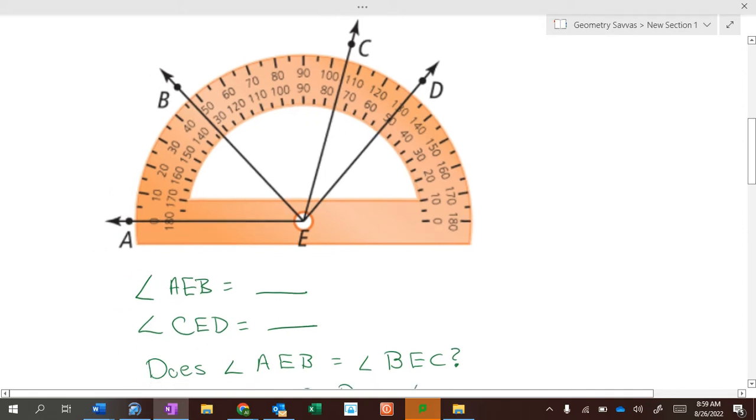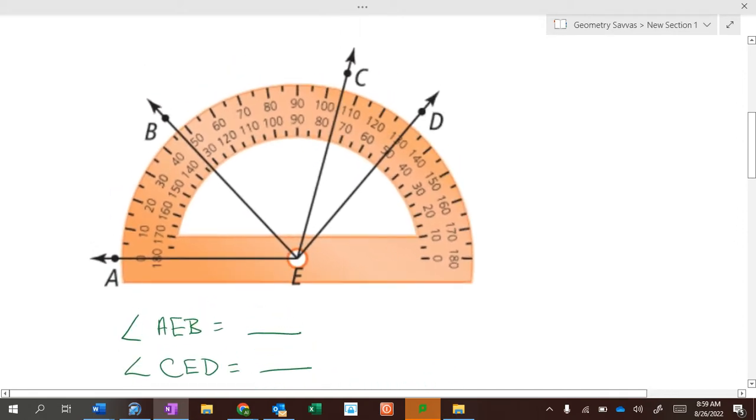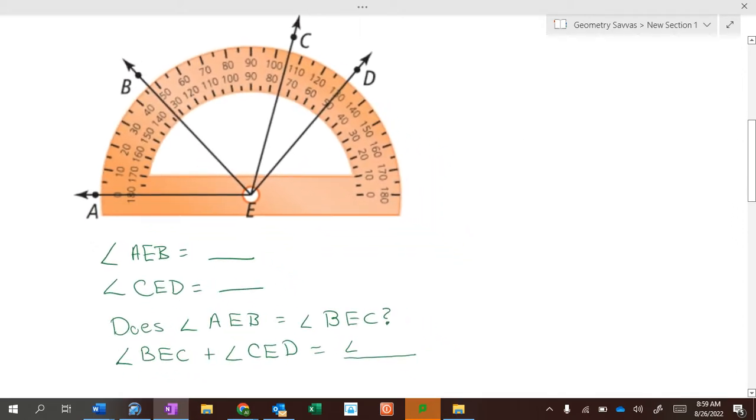All right. So if we have a little protractor here to help us out on this one. How big is angle AEB? Just looking at that protractor. 47. Very good. Because we're using the outer set of numbers because it starts at 0.